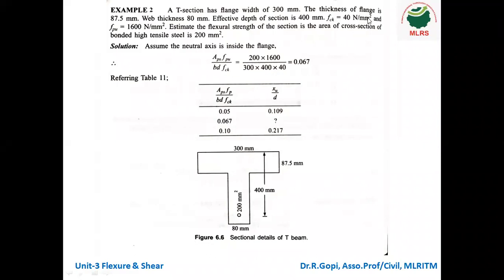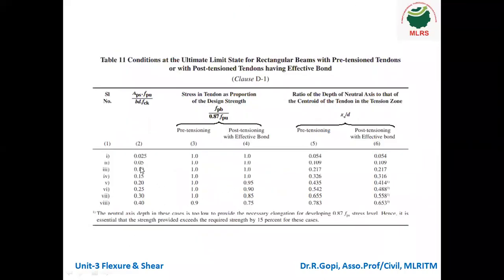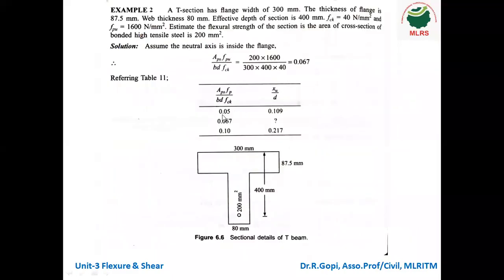For this ratio, we don't have a direct value in the table. We have the ratio only for 0.05 and 0.1, and 0.067 is in between. So first we have to use the linear interpolation method to calculate the value for 0.067.